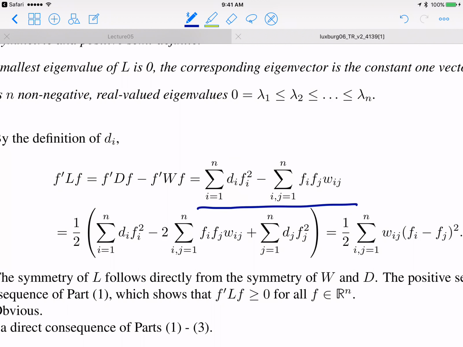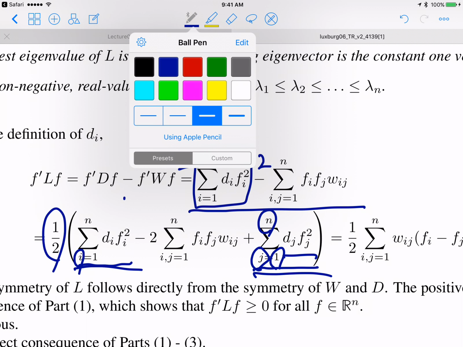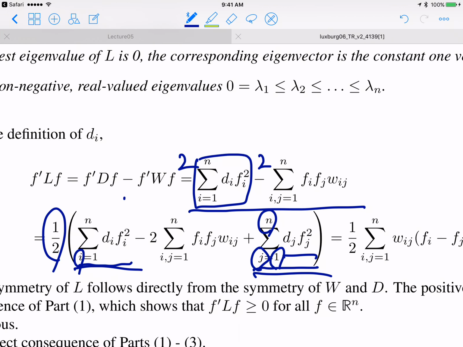Now we represent this guy by multiplying 2 on each side, and then we have 1 over 2. This guy, 2 times this guy, can be represented as this. The only difference is we changed the iterator: for i equals 1 through n became for j equals 1 through n. So they are essentially the same thing. Then we multiply this part by 2, so we have this.